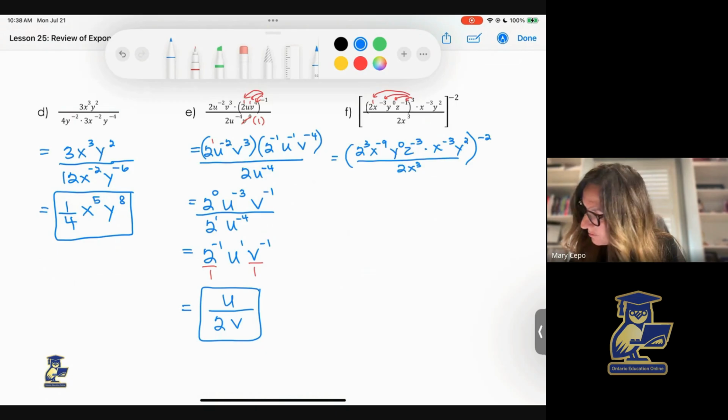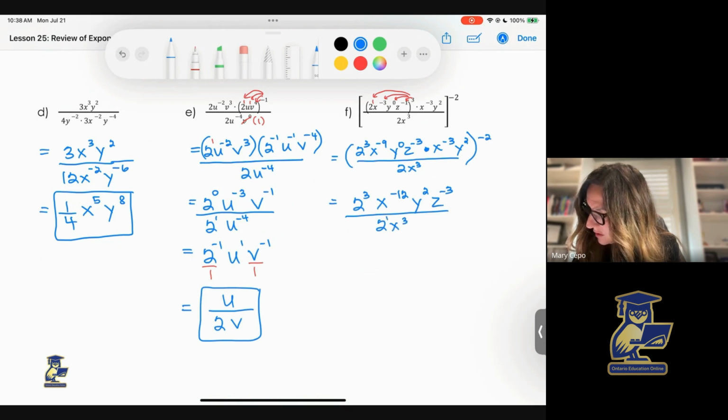Remember this means multiplication, so we're multiplying those two powers together. Any bases that are the same? 2 to the power 3, no. But we have x to the power of negative 9 times x to the negative 3, adding those together, negative 9 plus negative 3, which is negative 12. Y to the power of 0 plus 2, which is 2. And then z to the power of negative 3, all over 2x cubed, all to the power of negative 2.